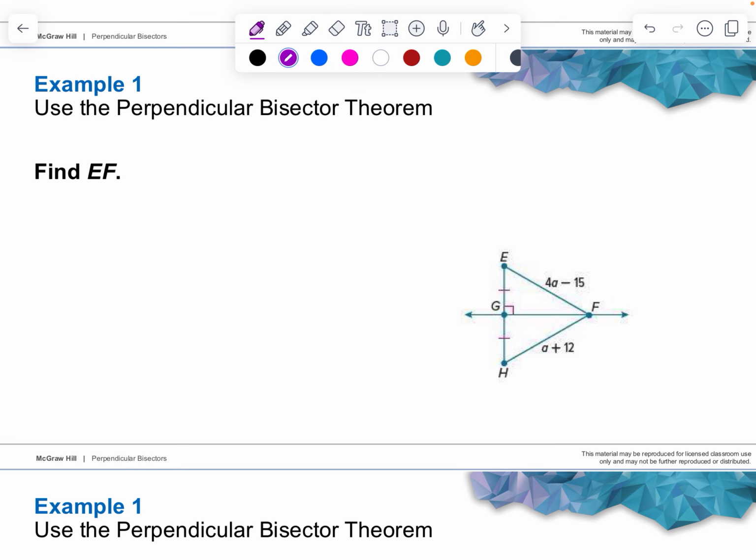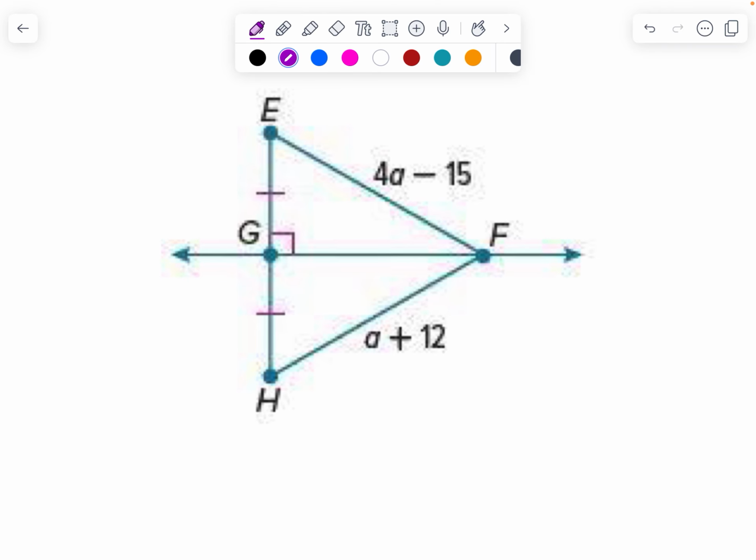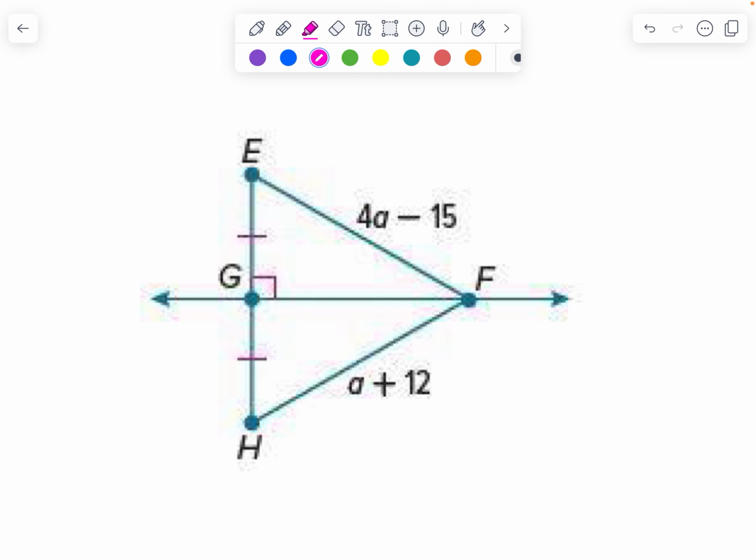All right, so find EF. And if we look at our diagram here, we are able to see that we've got EH here. It has been split in half by G, so that's our midpoint. And that FG is a line that is coming through at a 90 degree.